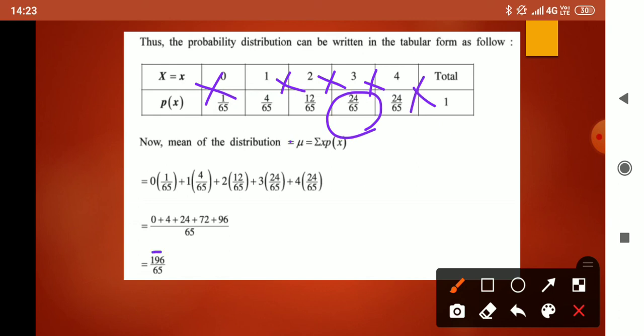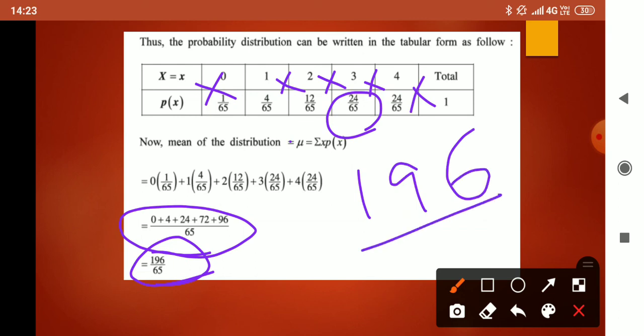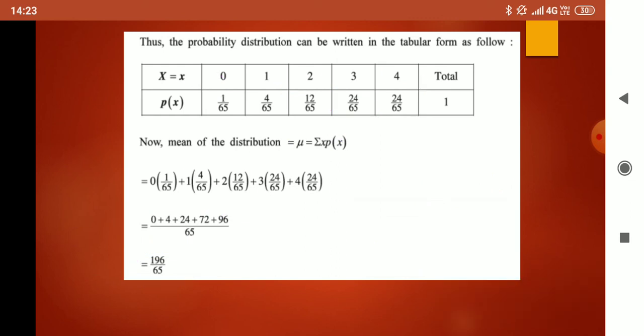By multiplying I'll get this answer. After that I'll add those numerators and then I'll get the final answer, 196 upon 65. So in this way you have to find the mean.